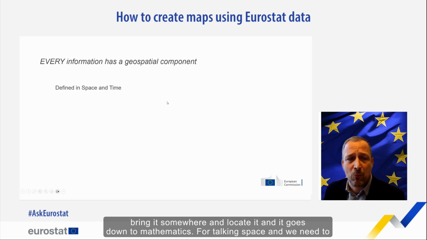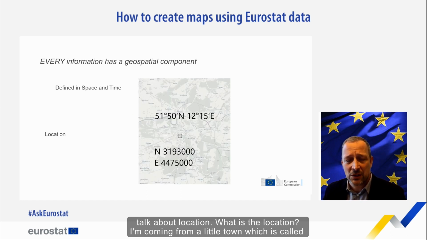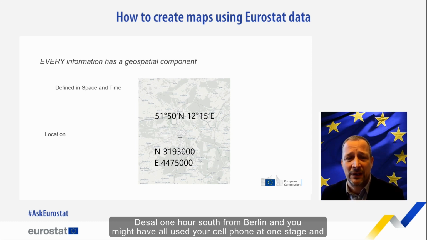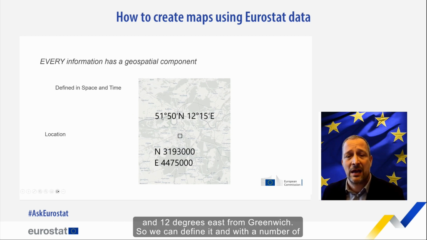We need to bring it somewhere and locate it, and it goes down to mathematics. If we're talking space, we need to talk about location. What is a location? I'm coming from a little town which is called Edessa, 1 hour south from Berlin, and you might have all used your cell phone at one stage and talked about geographic coordinates with the GPS, which you see here, 51 degrees north and 12 degrees east from Greenwich.